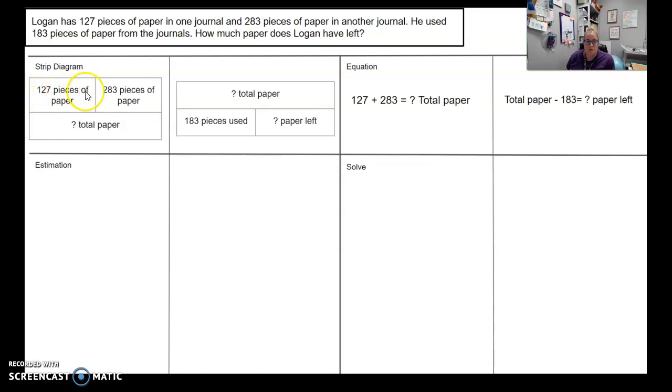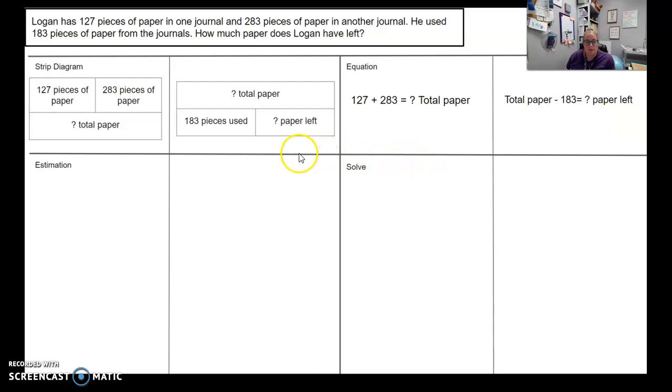So we had 127 pieces of paper and 283 pieces of paper, and we were looking for the total number of paper. And that makes our equation 127 plus 283 equals question mark. The second step was using that question mark for the total paper, and we are going to subtract 183 pieces used, and this is going to tell us how much paper is left. So our equation would look like this: total paper minus 183 equals the paper that's left.